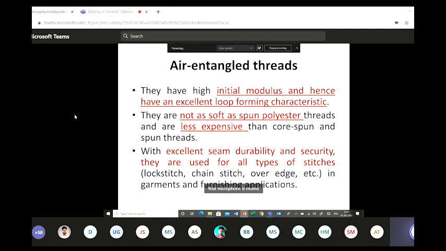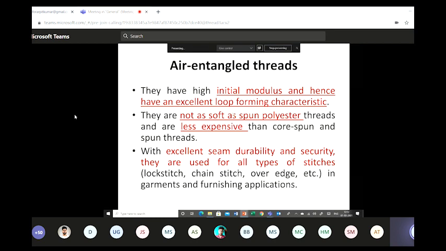So the number of steps is only one. A filament yarn can be converted directly to air entangled yarn, whereas in the case of spun yarn, there is a large number of processes. That's why spun yarn threads are costlier, whereas air entangled threads are cheaper.